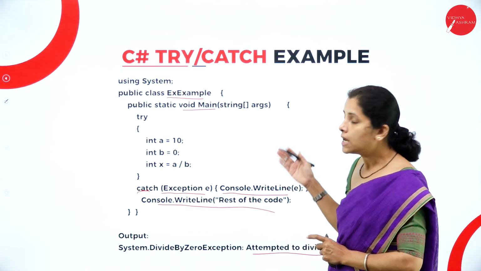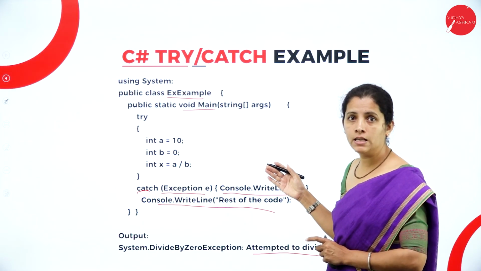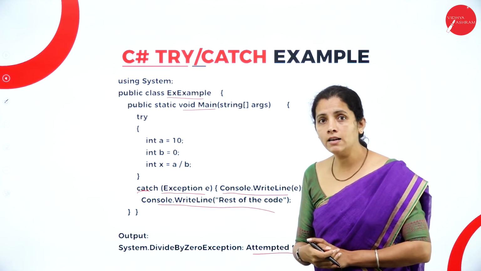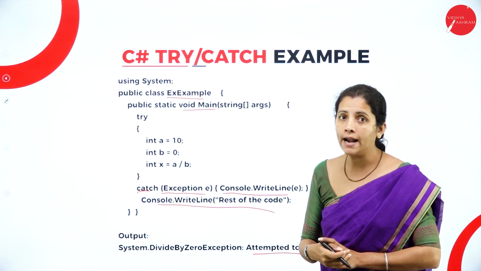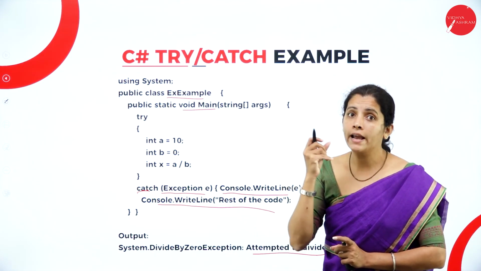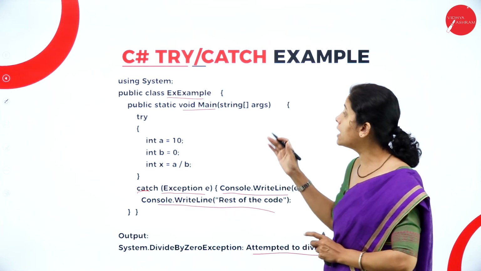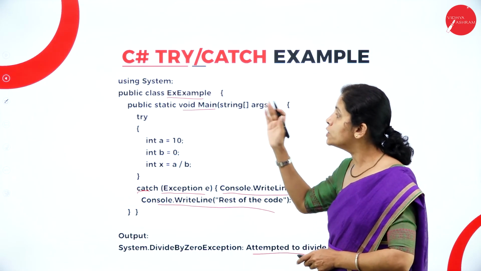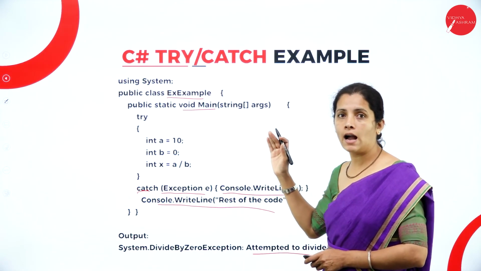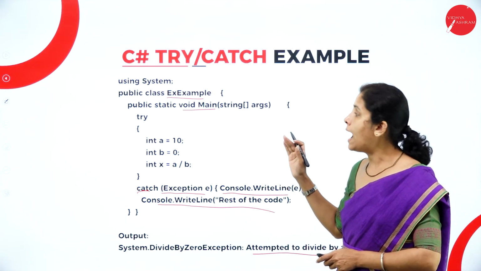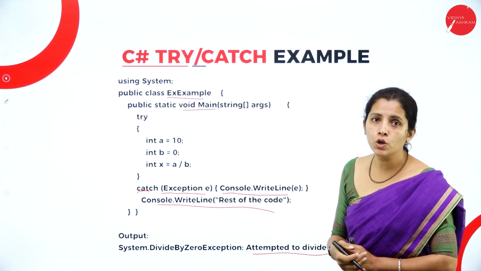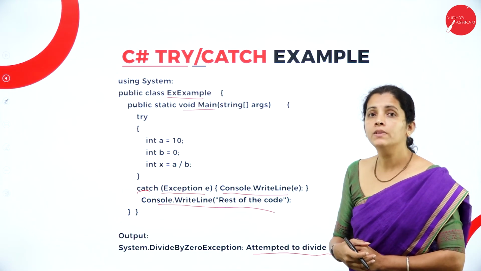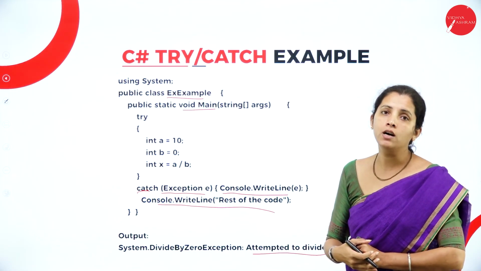If I consider this example, this program is going to generate an error and that can be handled properly and effectively by the try and catch block. So this is the usage of try and catch block, and users can use try and catch block according to their need and their wish.